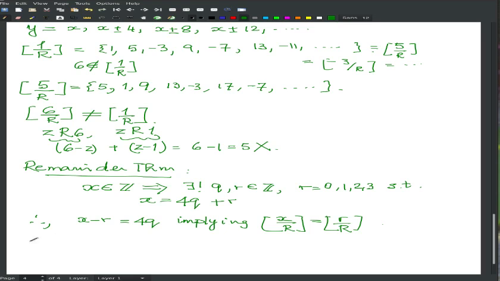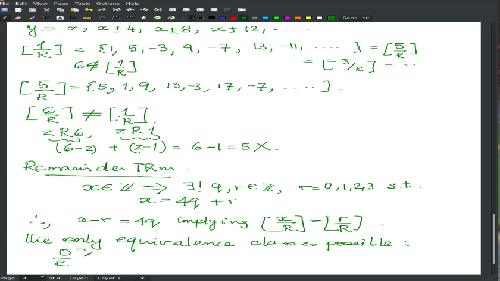So what are the only equivalence classes? This is the equivalence class of 0, the equivalence class of 1, the equivalence class of 2, and the equivalence class of 3.